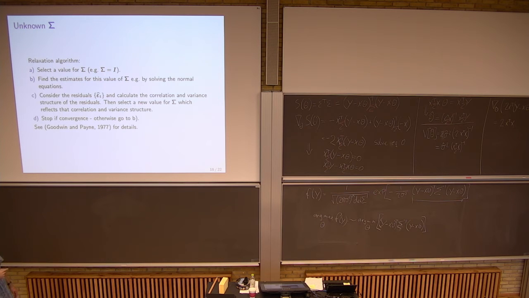And then you try to say, given some assumption about the correlation structure, what is a good value for the next uppercase sigma? And then you go back and estimate using this updated sigma, look at the residuals, and at some point it will converge.